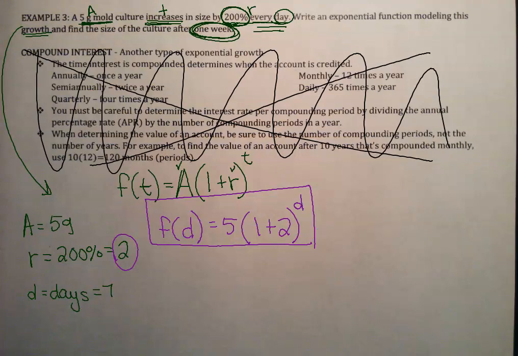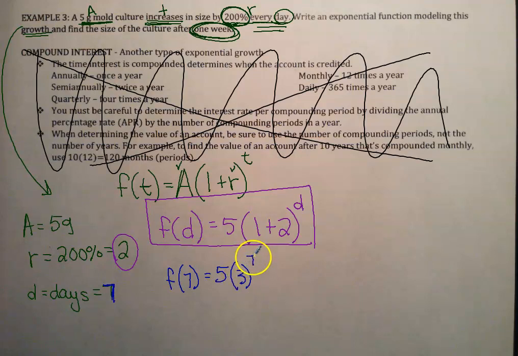Now we need to go back and write it and solve it for when d equals 7. Okay, so we're going to say, all right, well, we're looking for the function of 7 days. So that equals 5 times, what's 1 plus 2? Good, it's 3 to the power of 7. Okay, again, make sure you're doing your exponent first.